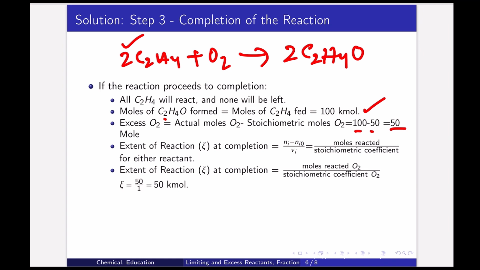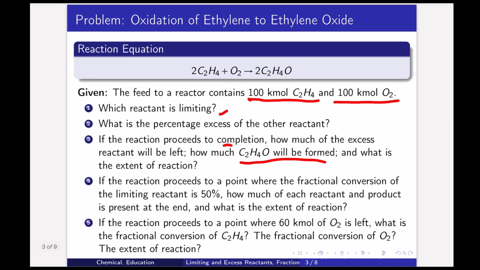If I consider oxygen, the moles of oxygen reacted is 50 and the stoichiometric coefficient of oxygen is 1. So ξ is 50 by 1, that is 50 kilomole. So question number 3 is answered.